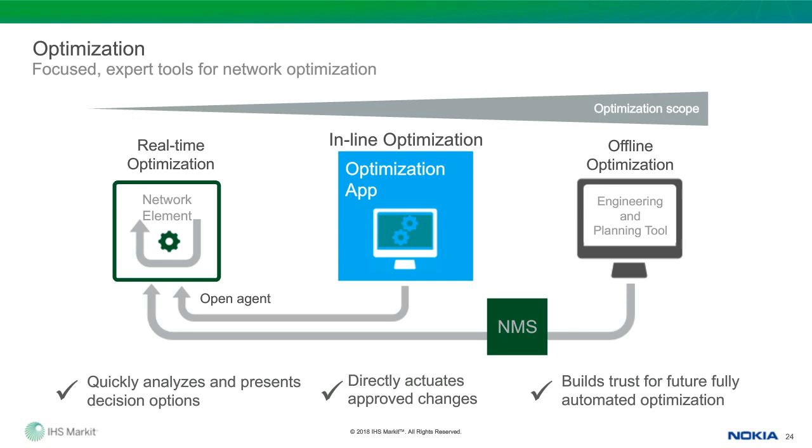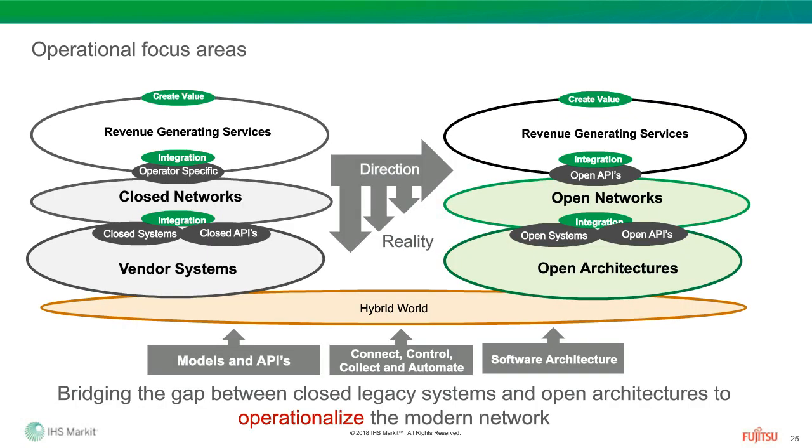All right, thanks, Dave. So we see our direction in the industry moving towards open networks and open architectures and leveraging this throughout the network stack. We're coming from a place with closed networks, vendor systems, and very tightly coupled integration. And so the reality is, as we move in this direction, we'll have a hybrid world.